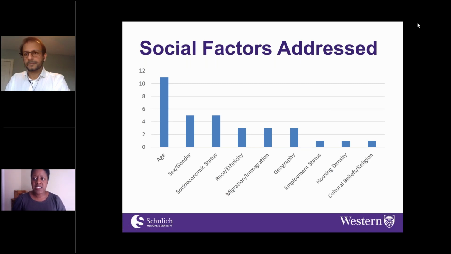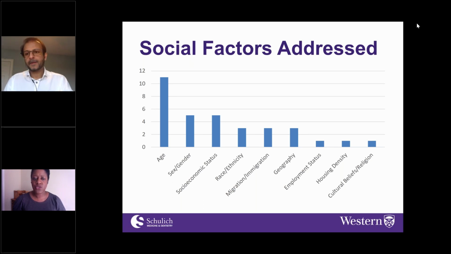14 of the 19 studies specifically made reference to incorporating social factors. Amongst those 14, by far the most common was age, with 13 guidelines recommending age be incorporated into infectious disease models. 5 each addressed sex and gender and socioeconomic status.